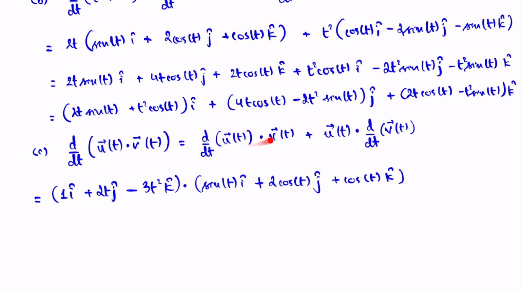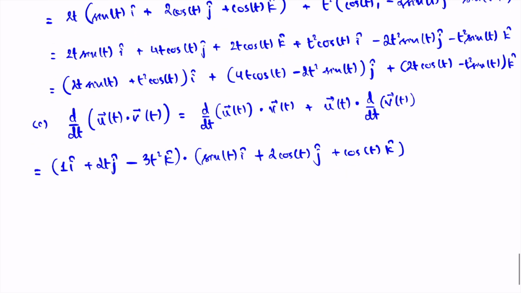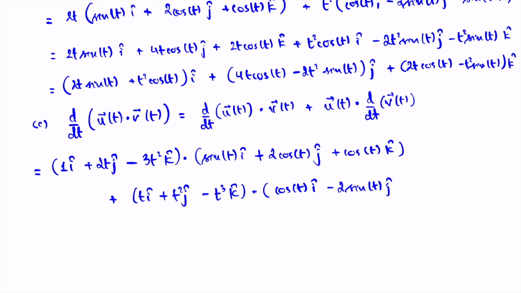Now that's just for the first term. The second term is u of t, which is t i plus t squared j minus t cubed k, dot with the derivative of v of t, which is cosine t i minus 2 times sine of t j minus sine of t k.